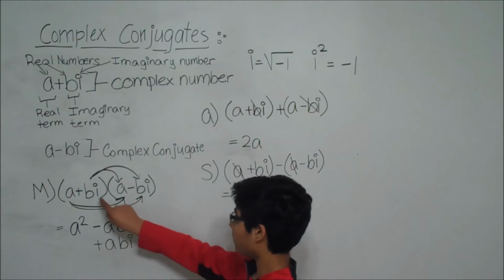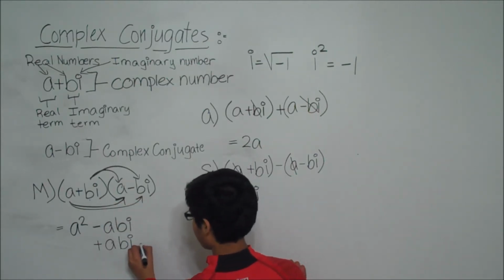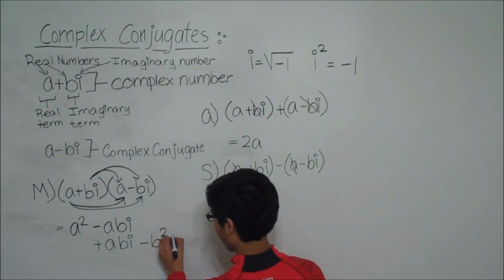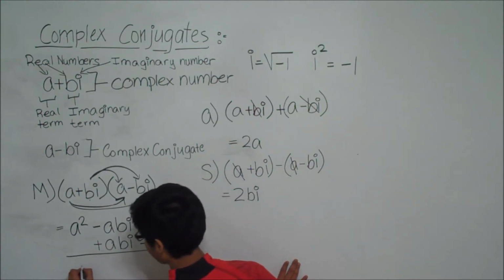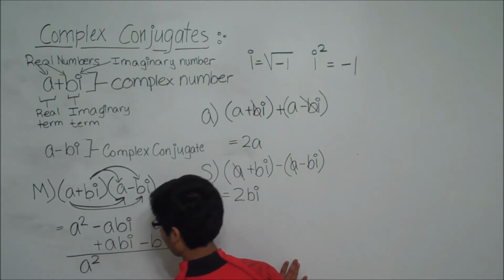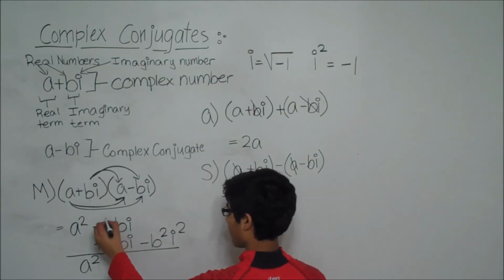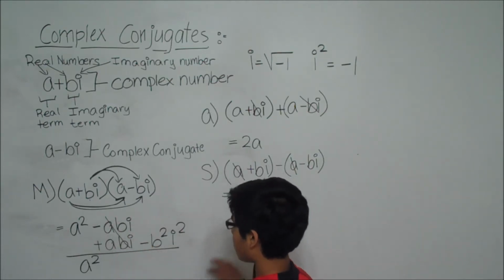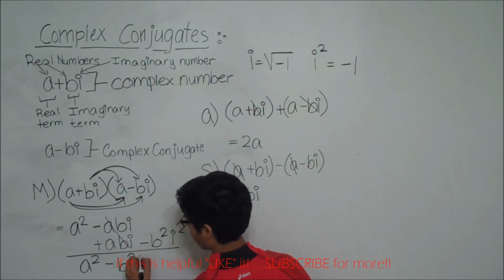And then we have bi times negative bi, which is negative b squared i squared. So this is equal to a squared, and then negative abi and positive abi cancel out. And after that we have minus b squared i squared.